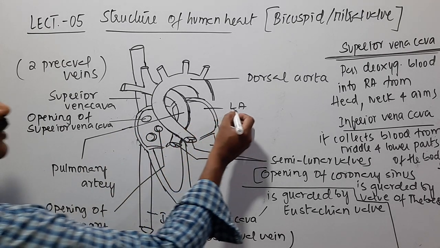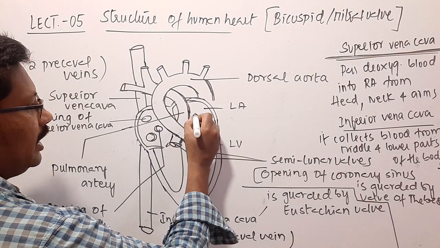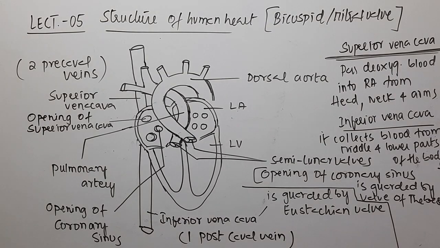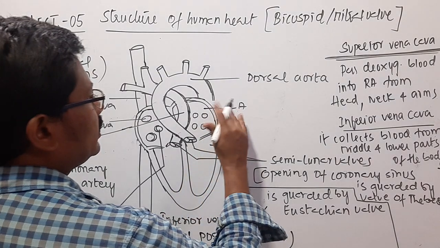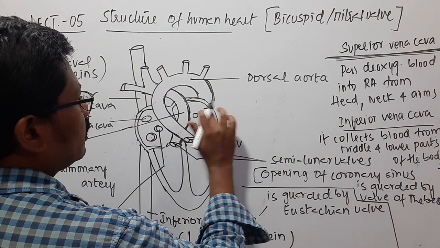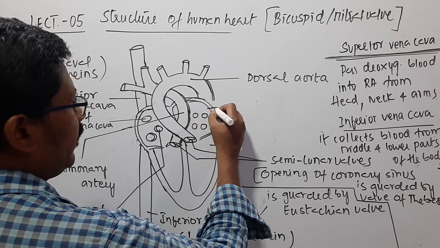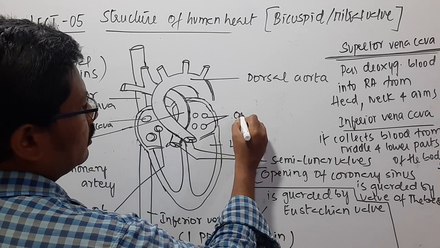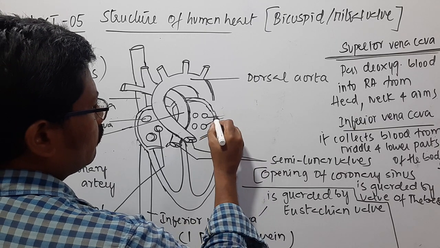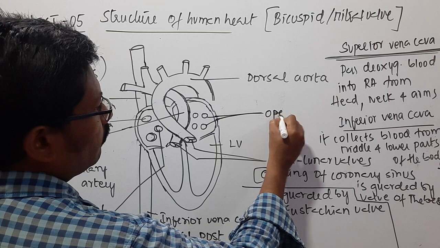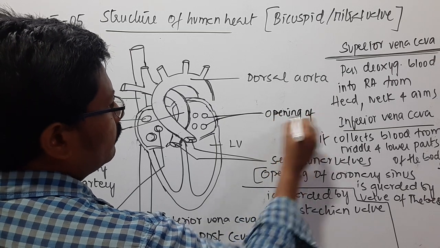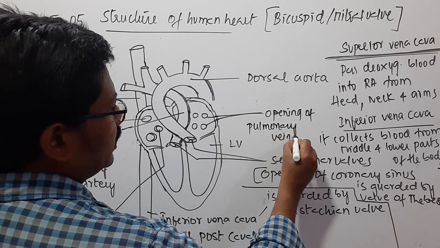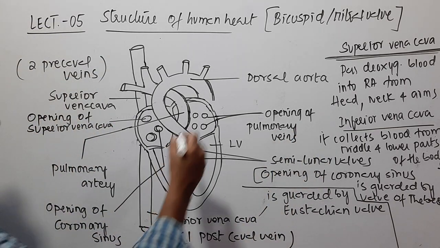Then coming to the left atrium, in the left atrium you will find a total of 4 openings. So these 4 openings are from the pulmonary veins. So all these are openings of pulmonary veins, right?